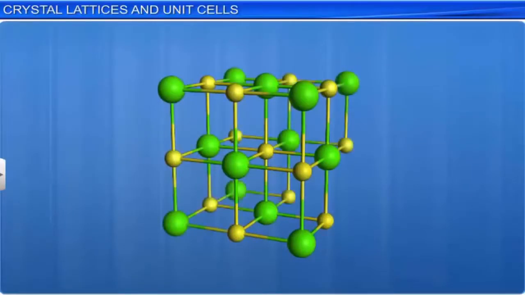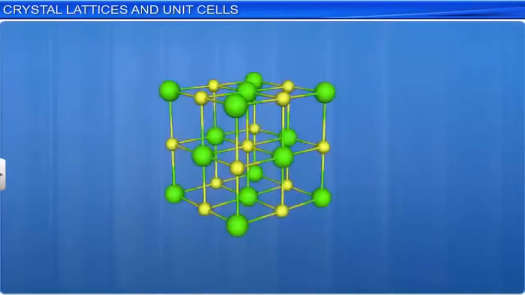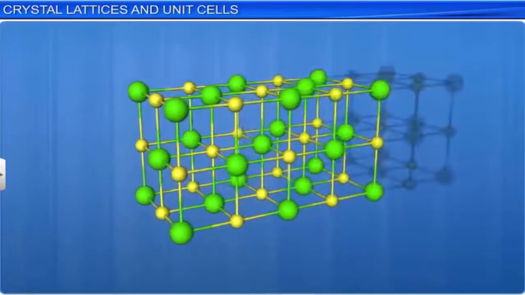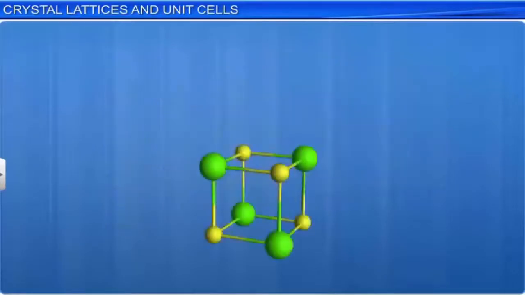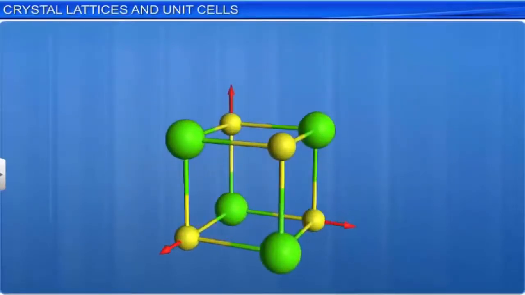A unit cell represents the shape of the entire crystal. In fact, a crystal may consist of an infinite number of unit cells. A unit cell is characterized by distances a, b, and c along three edges, and angles alpha, beta, and gamma between pairs of edges.